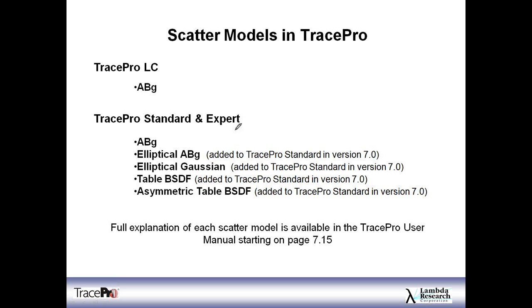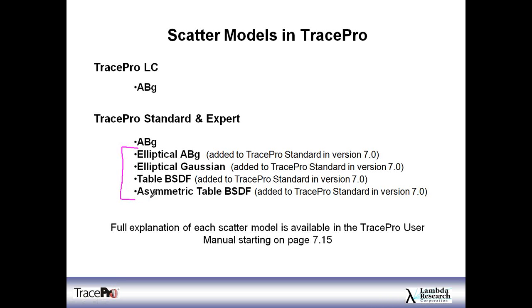Stepping up to TracePro Standard and Expert, it also has the ABG, but you also have elliptical ABG, elliptical Gaussian, table BSDF, and asymmetric table BSDF. These last 4 previously were in TracePro Expert.